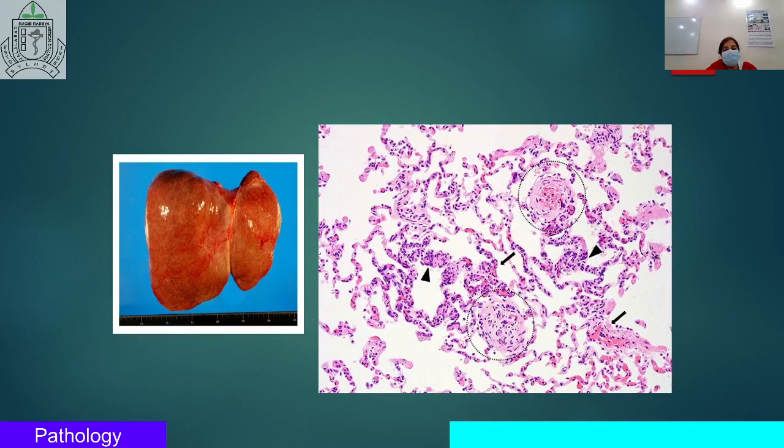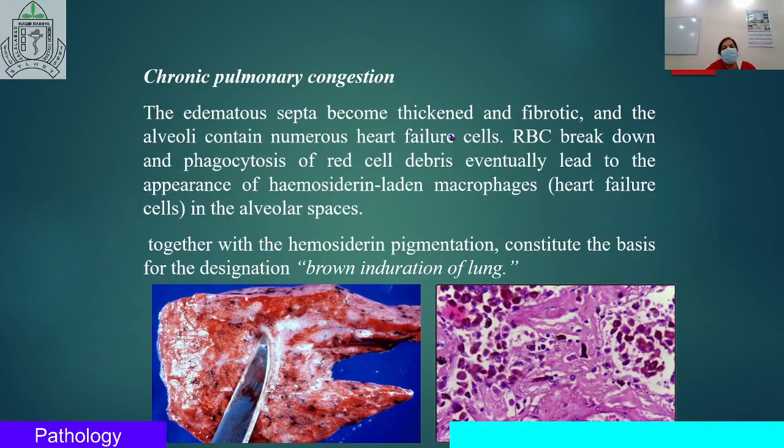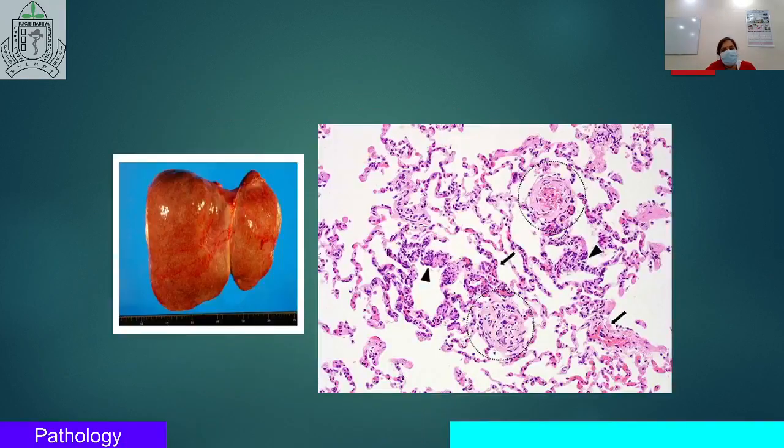In chronic congestion, these edematous septa become fibrotic and thickened, and the alveoli contain numerous heart failure cells.